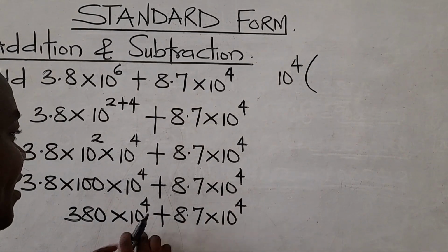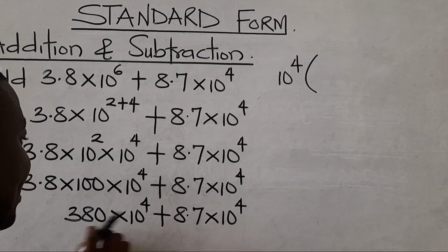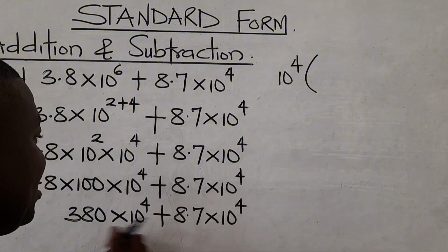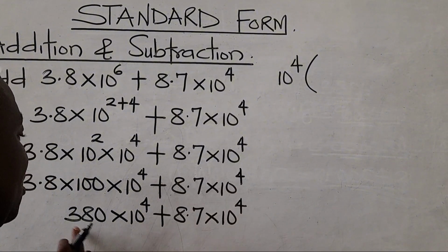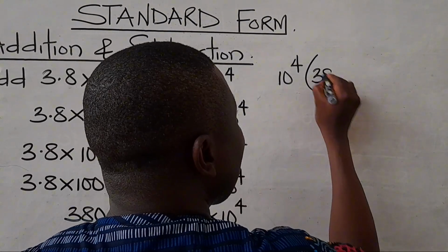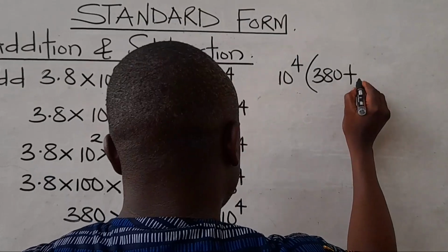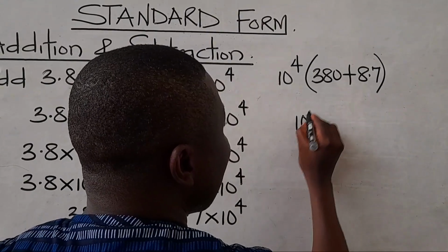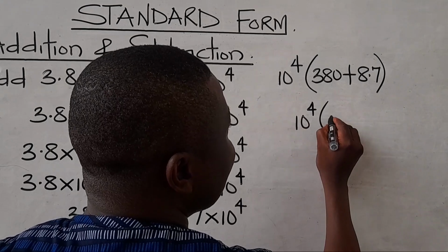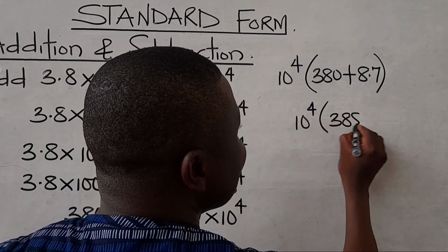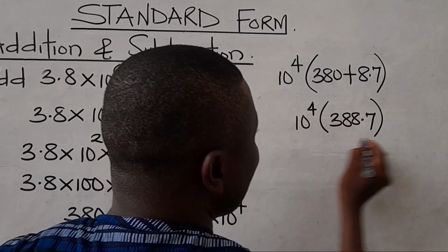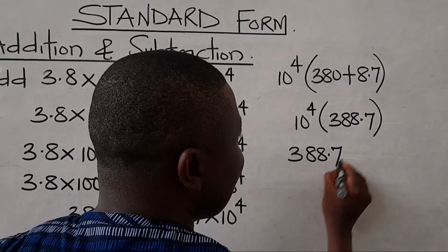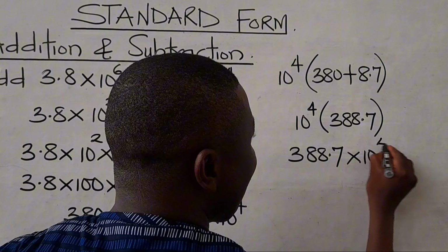If you divide them by 10 to the power 4, this is what you have. 10 to the power 4 will be taken out. You have 380 plus 8.7, so this is 388.7, which gives us 388.7 times 10 to the power 4.